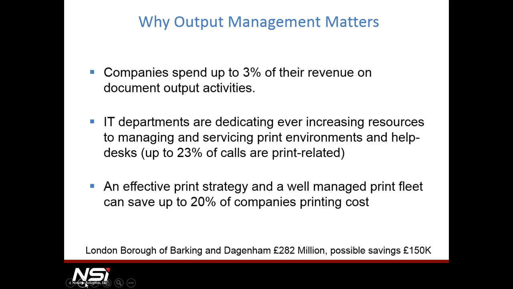Talking of costs, I know this is a technical session, but I'll just mention this very briefly, is why people should be at all interested in this. There's a Gartner report which says that companies spend up to 3% of their revenue on document output activities. And by really looking at this all together, there is a huge saving potential of roughly about 20% of those 3%.